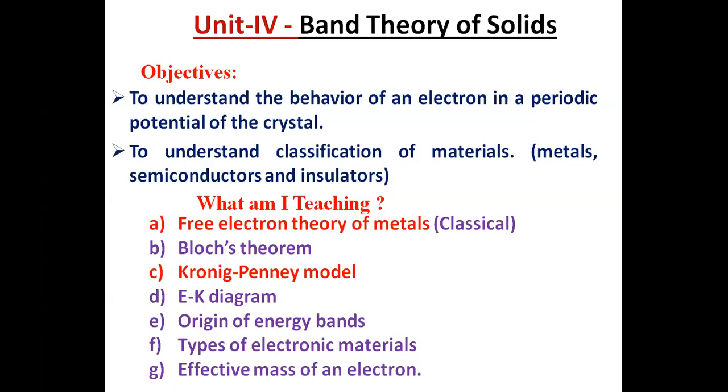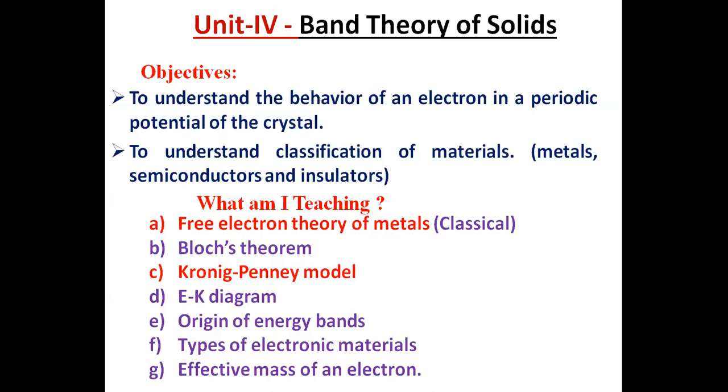So the basic concepts that we are going to deal with in this topic: first we'll start with free electron theory of metals, also known as classical free electron theory of metals or Drude-Lorentz theory. Second one, Bloch theorem. And third one, which is very important to understand the classification of materials, that is Kronig-Penney model. This also explains why there are energy band gaps in materials.